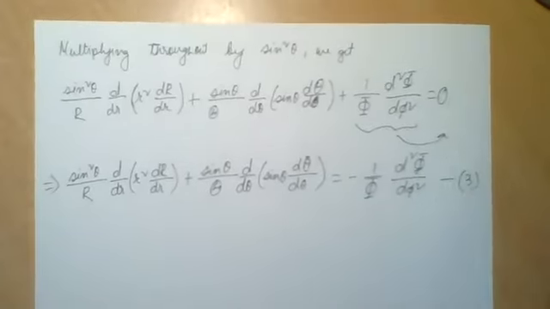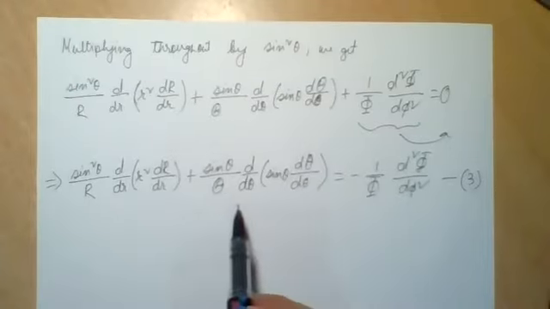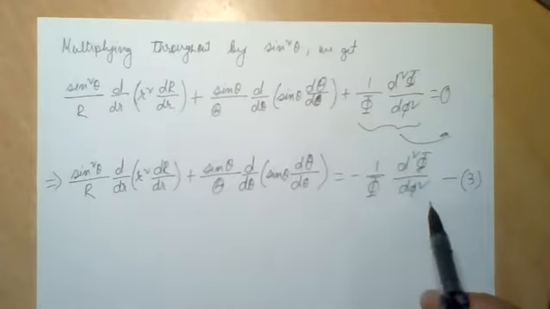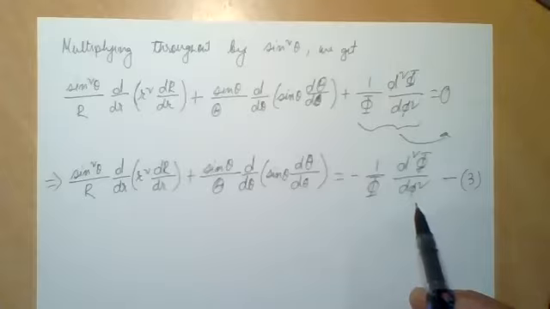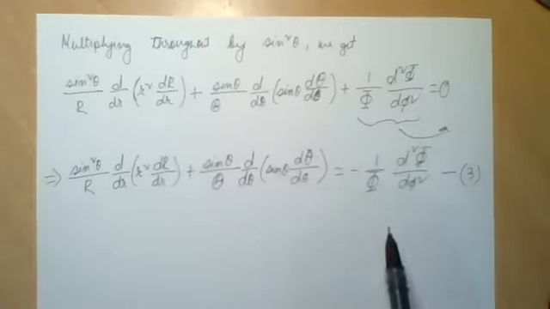Now look at equation number 3. The left hand side depends upon r and theta, while the right hand side depends upon only phi. Therefore, both sides must be equal to a constant.